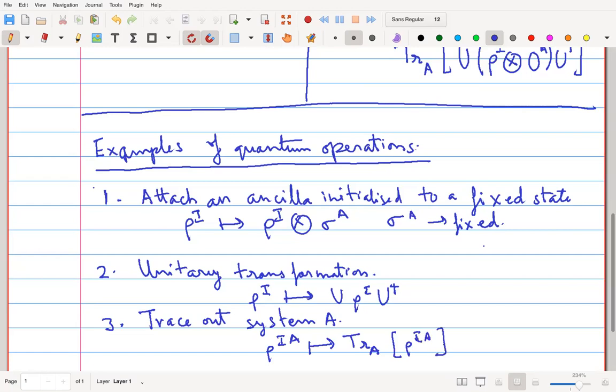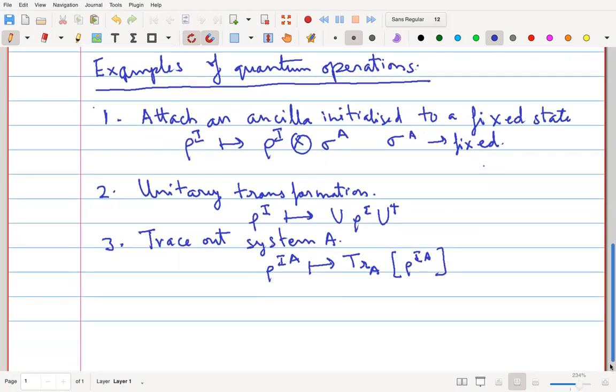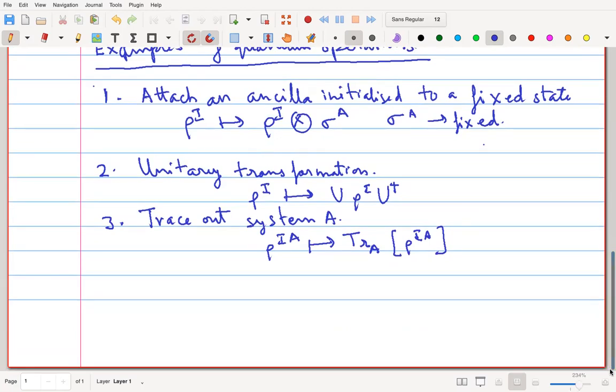So these are examples of quantum operations. Now comes the fourth one, very important, which is called measurement.